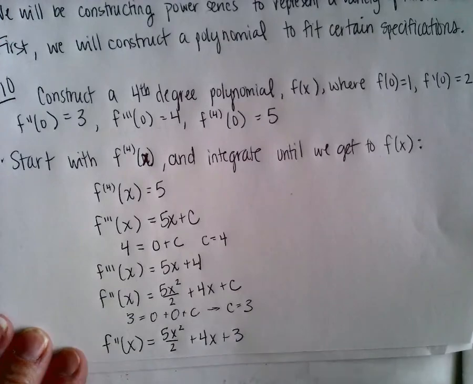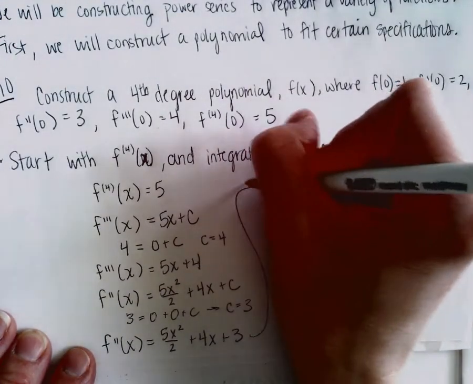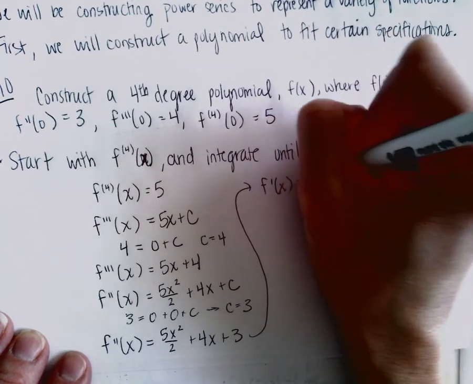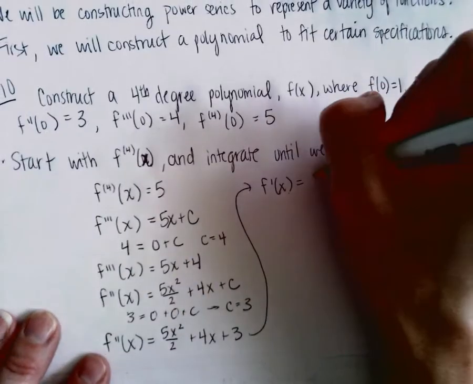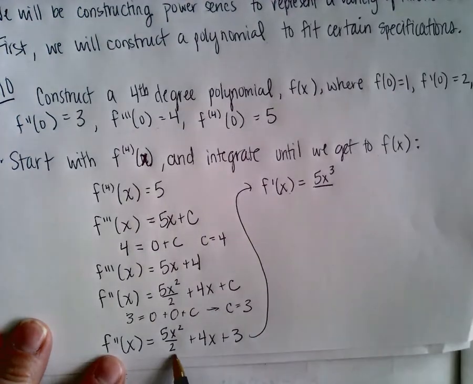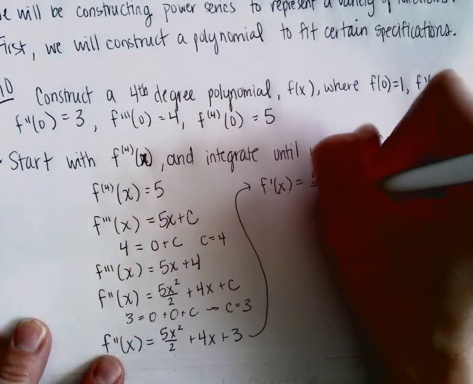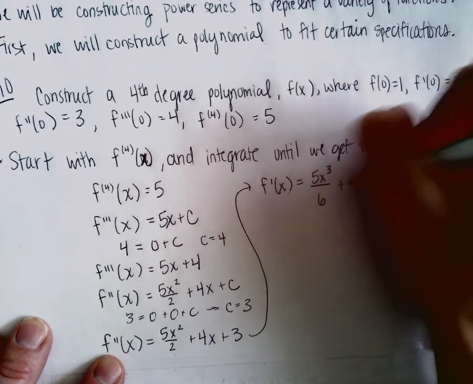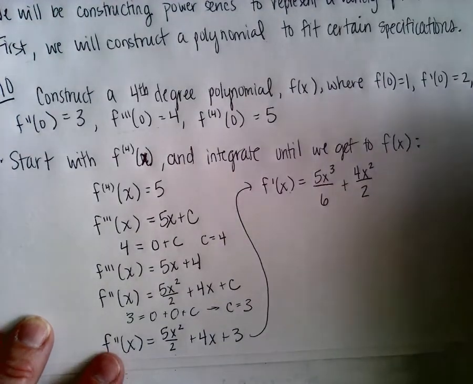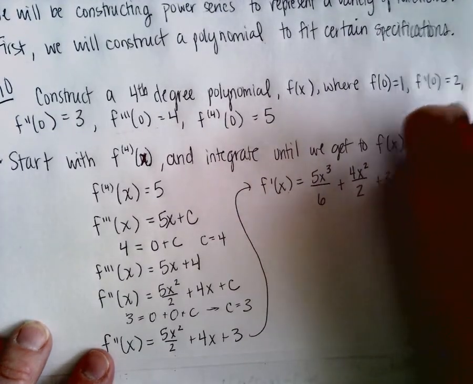Okay, so I'm going to come up over here. Now I need f prime of x, so I'm integrating one more time. Now I have 5x cubed over 2 times 3, right? So over 6, plus 4x squared over 2, which of course I could reduce, plus 3x plus c.